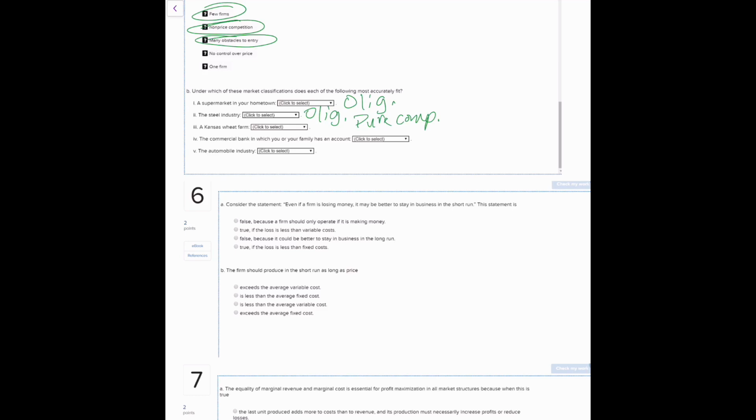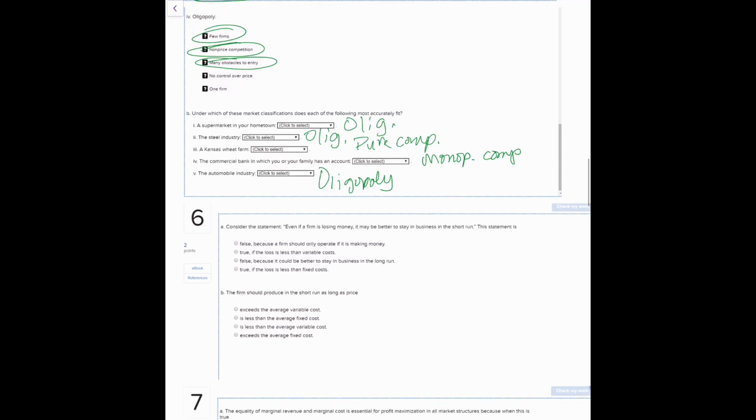Then the commercial bank in which you and your family have an account is monopolistic competition. It has all of those products that are similar but differentiated, and lots of firms. And the automobile industry is a really good example of an oligopoly, because there are only a few firms that dominate the industry and they engage in lots of non-price competition.